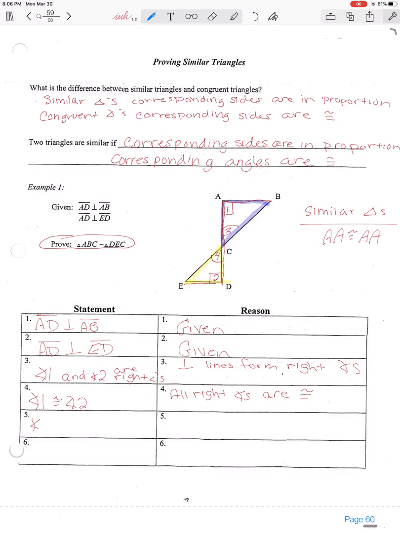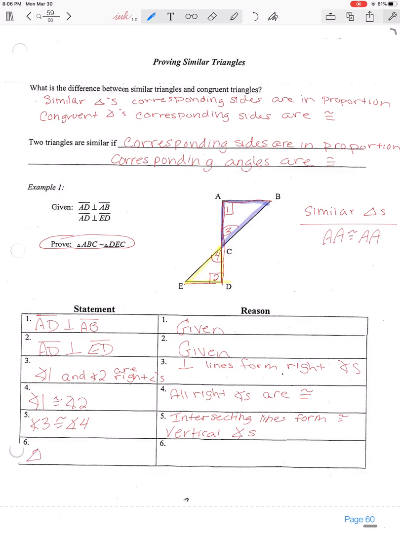So angle 3 would be congruent to angle 4 because intersecting lines form congruent vertical angles. So now we can stop there because now we have two sets of corresponding angles that are congruent to each other. So therefore we have similar triangles.